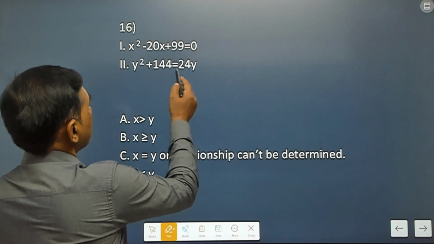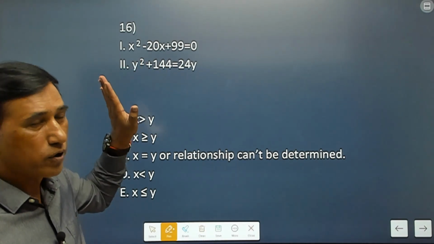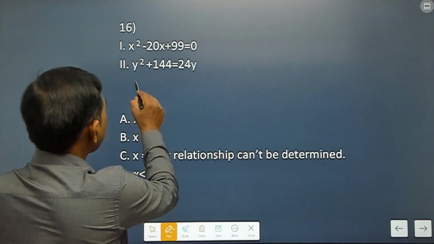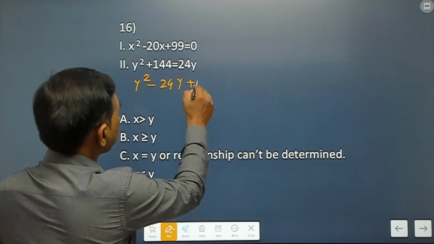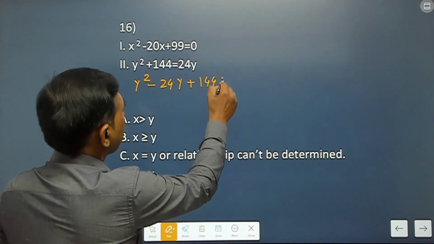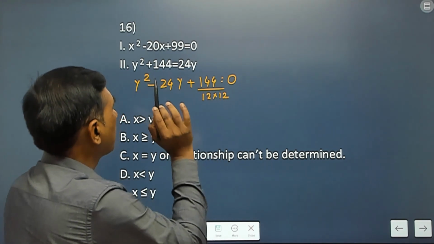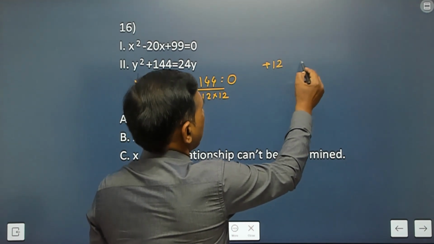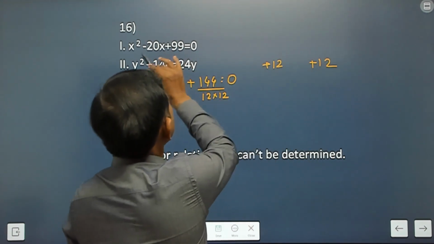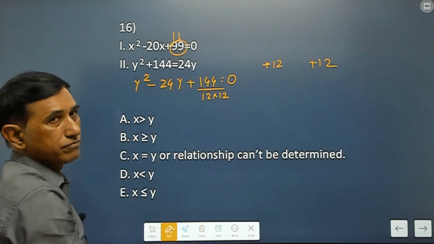Here we can simply say that y square minus 24y plus 144. This is 12 into 12, this is 12 plus 12. So here our root is plus 12 and plus 12. Here 99, you have 11.